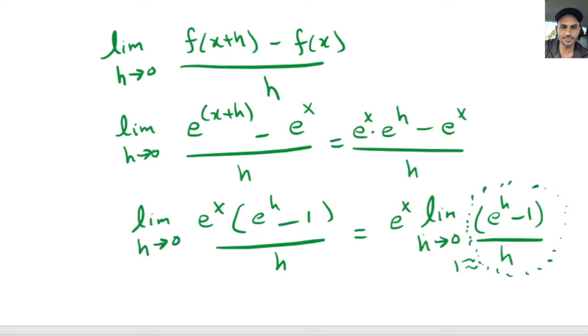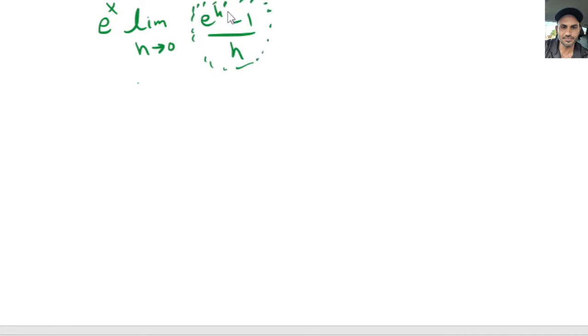Okay, so if we do that, so e to the x and limit as h goes to 0 of e to the h minus 1 over h. This thing right here in the parentheses goes to 1. So your answer is just e to the x times 1, which is e to the x.